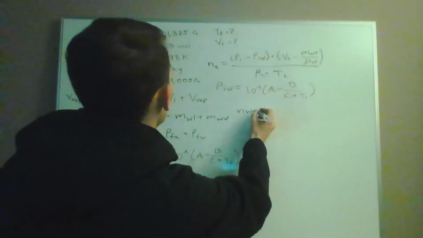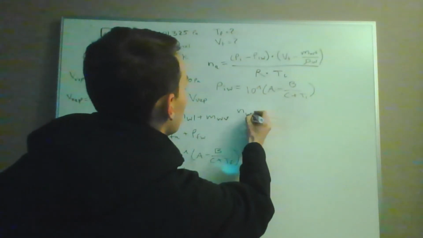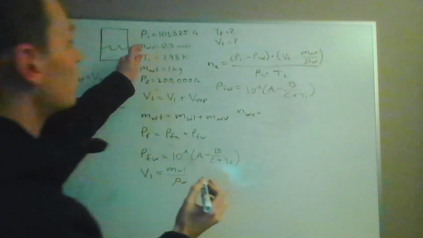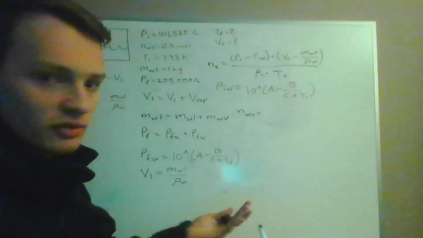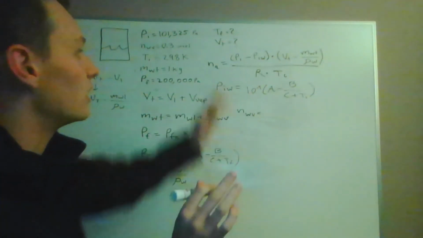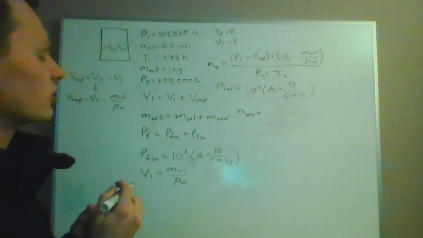What we have to remember in this case, though, let me make this a subscript there, is that this is describing the number of moles of water in our vapor phase after we've heated our sample. So this is the final state, unlike the expression we have for the number of moles of air in the initial state.